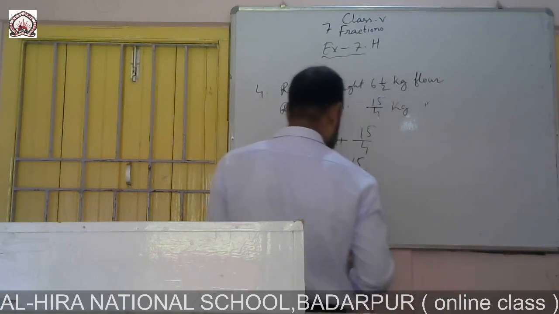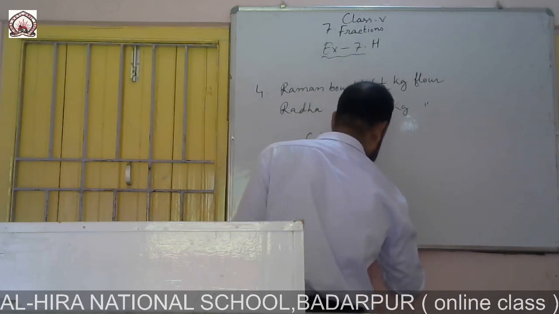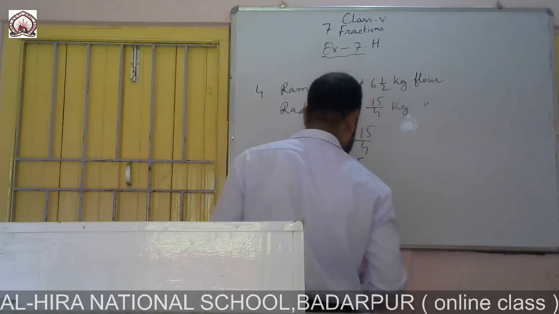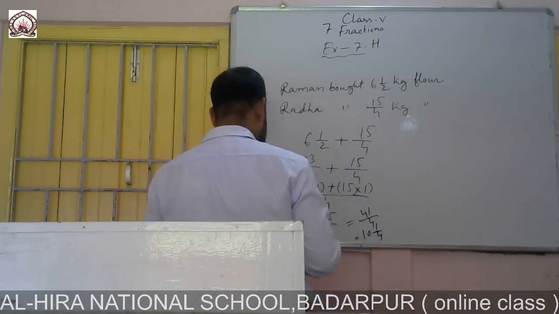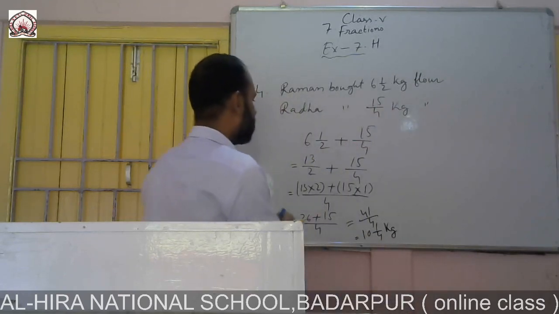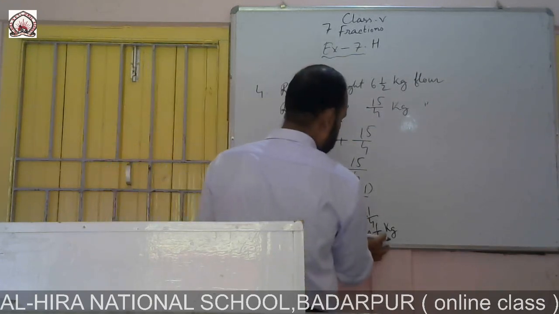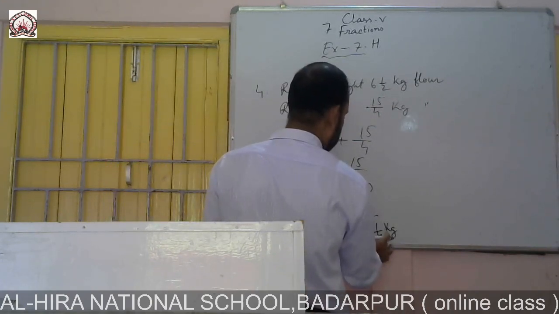If we make it a mixed fraction, then 10 1 by 4 kg. So in total they bought 10 1 by 4 kg.